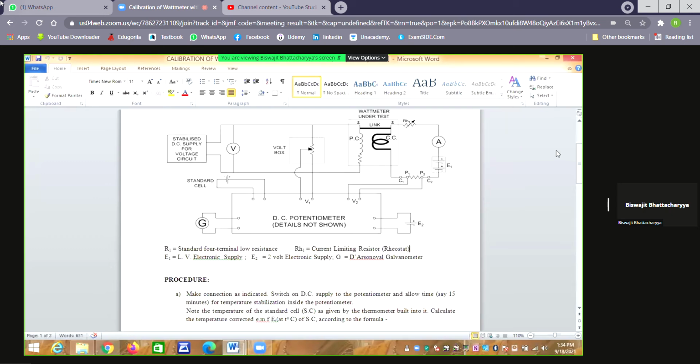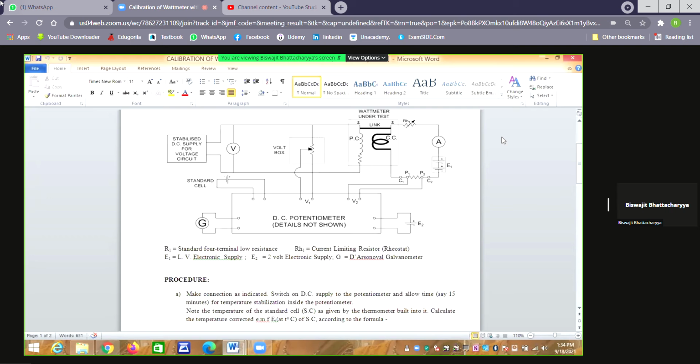That force will act either against the deflecting torque or along the direction of the deflecting torque. So it means our deflecting torque will be either reduced or enhanced, depending on the direction.